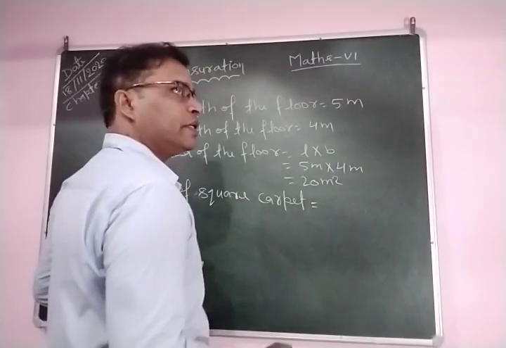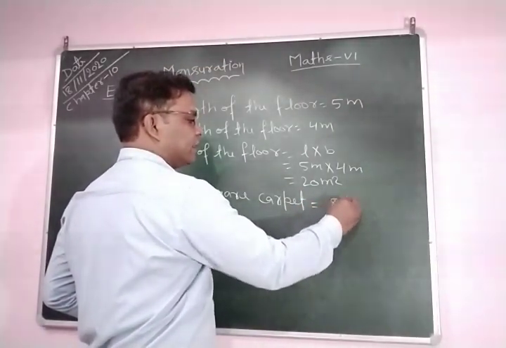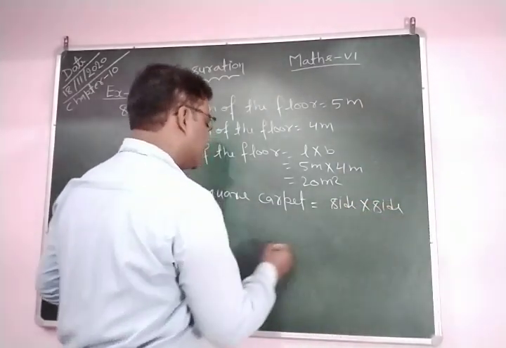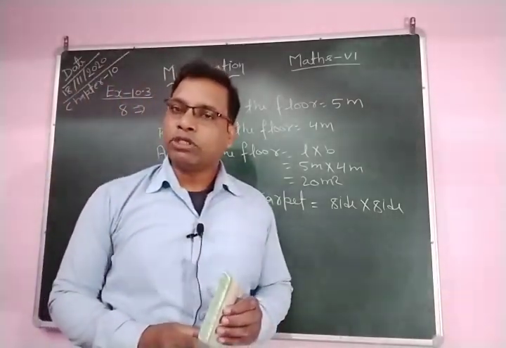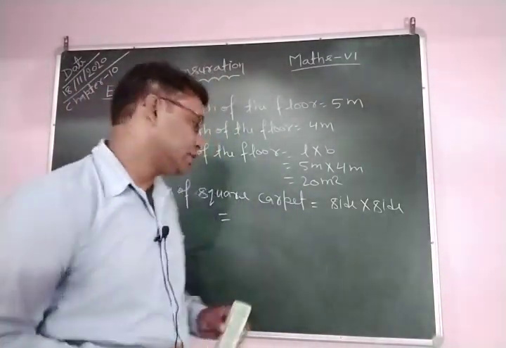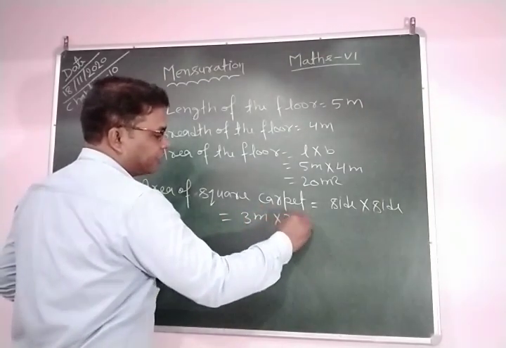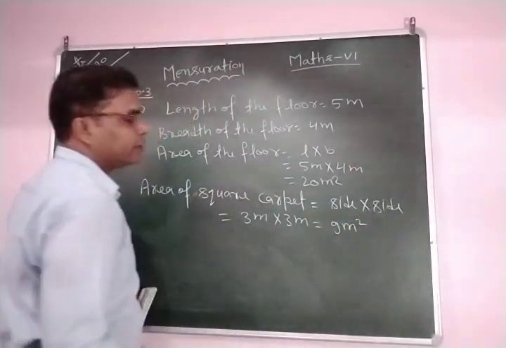Area of square carpet is equal to side into side. What is the side of the square carpet? Side of square carpet is given here as 3 meters. So you can write here 3 meter into 3 meter. This is equal to what? 9 meter squares.